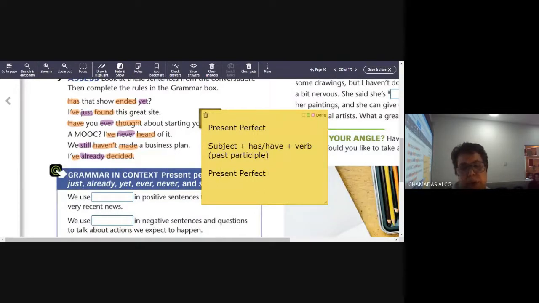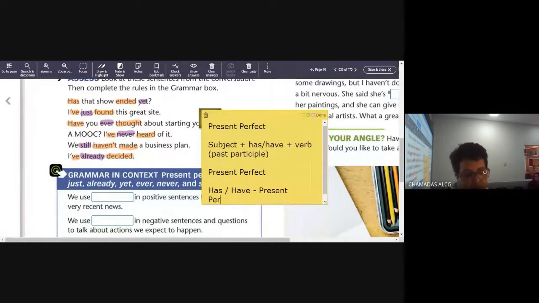Why, people? Because it uses the present auxiliary verb, have or has. So the first thing we should notice is that present refers to the auxiliary. Okay? The auxiliary in the present.